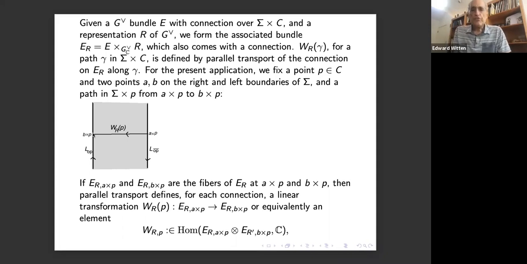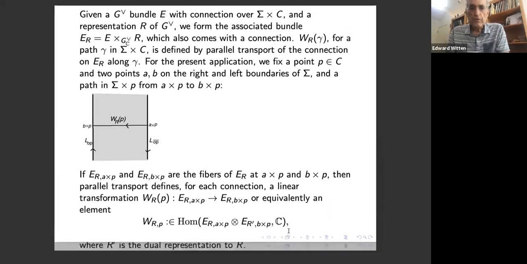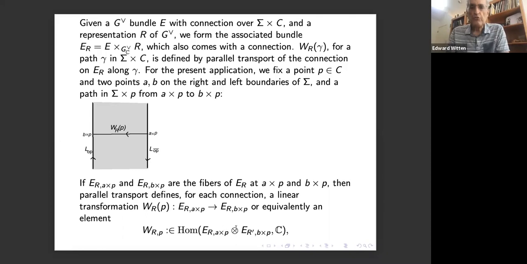But instead of viewing it as a linear transformation, I prefer to look at the 2 points symmetrically. So a linear mapping from this vector space to this one is the same as an element in Hom from the tensor product of one vector space with the dual of the other into C. So the dual vector space is the fiber of the associated bundle for the dual group R prime, as I wrote here, where R prime is the dual representation to R. So what we have so far is not a complex valued function of connections.